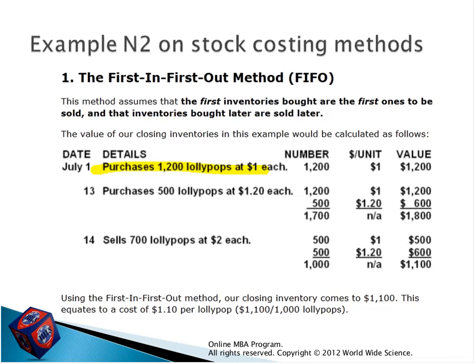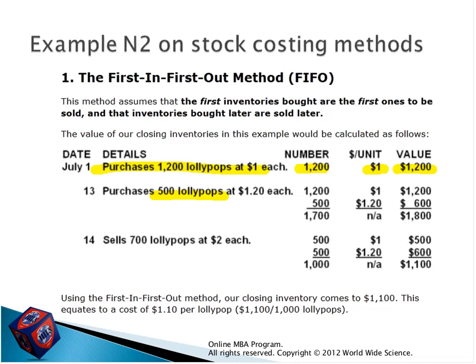So here is the number of lollipops, 1,200, and the price per unit is $1, so the total would be $1,200. The next purchase was on July 13.